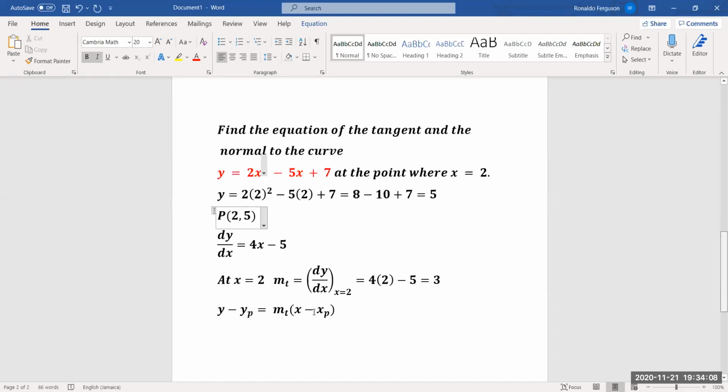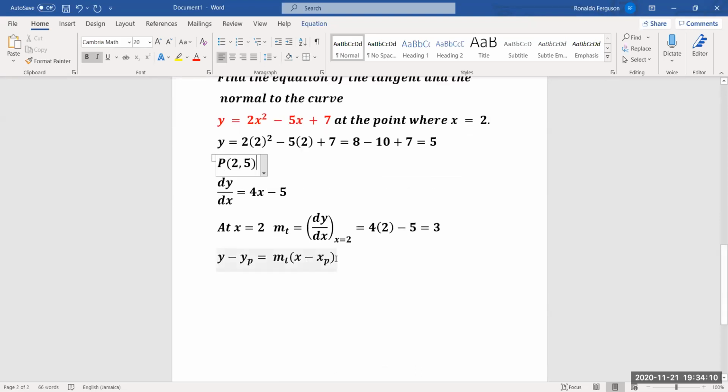So what we do now is say, okay, this is the equation of the tangent. The equation of the tangent is y minus yp. yp is 5, so we write y minus 5, and it's equal to the gradient of the tangent, 3, into x minus xp, and xp is 2.